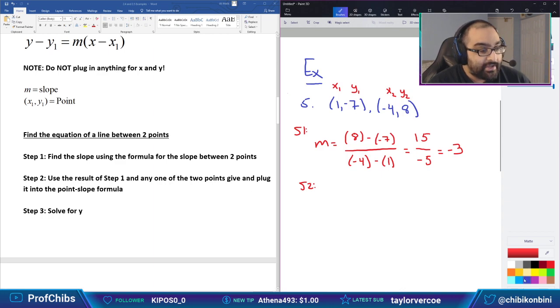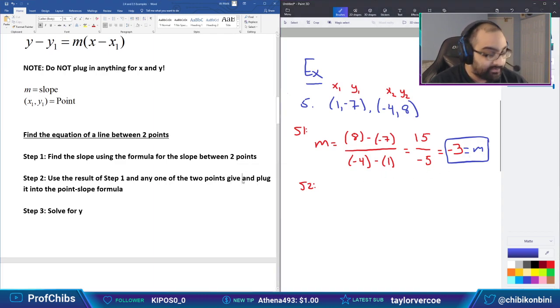Step 2 says we're going to use the result of step 1, which is finding the slope, being -3, pardon me, and any one of the 2 given points, and plug it into the point slope formula, and then solve for y for that last step.